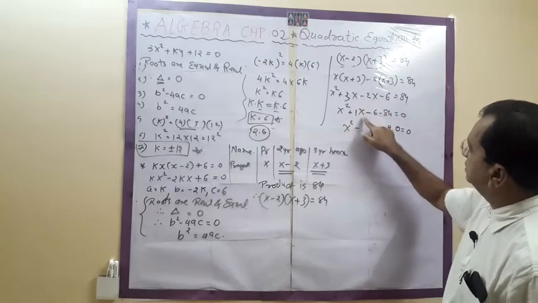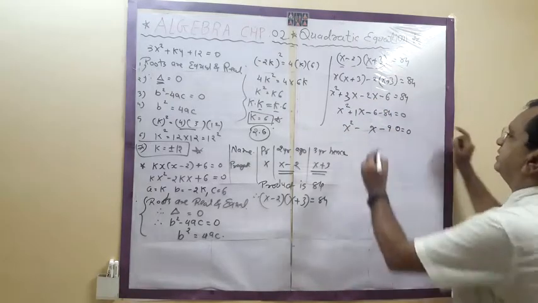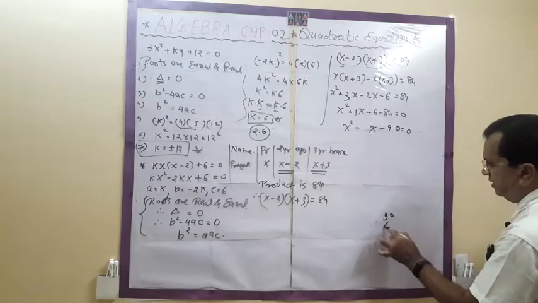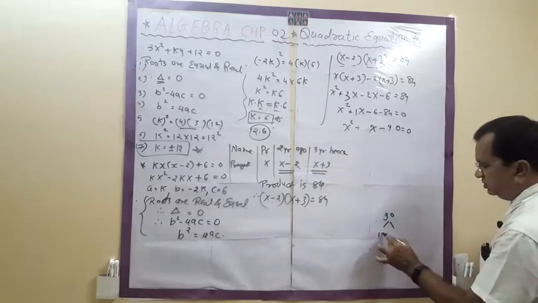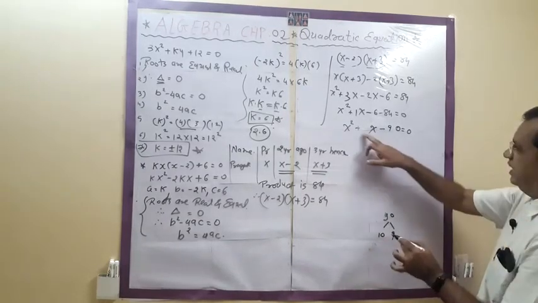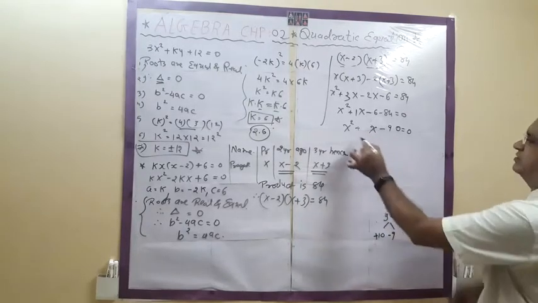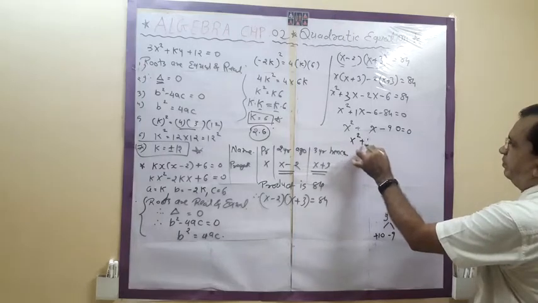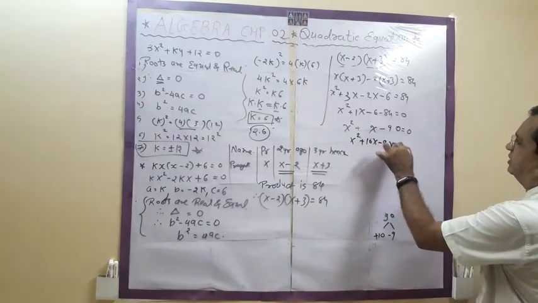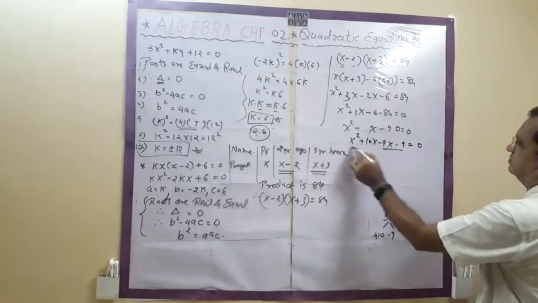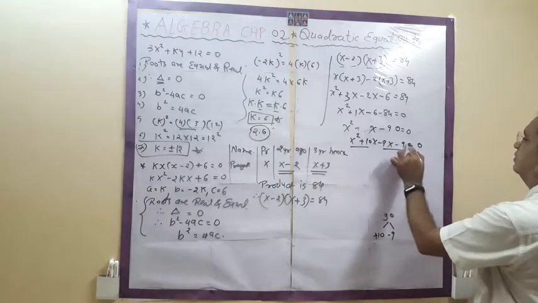3x minus 2x, that is 1x, and that 1x is plus. From 90 you need 1 only. So 10 nines are 90. And I need plus, so bigger figure plus, smaller minus. So x square plus 10x minus 9x minus 90 is equal to 0.